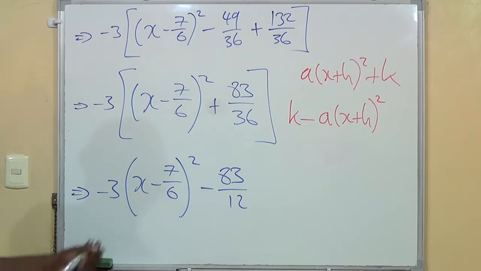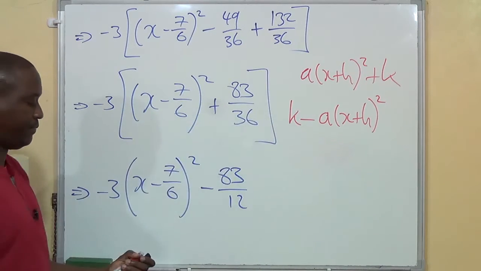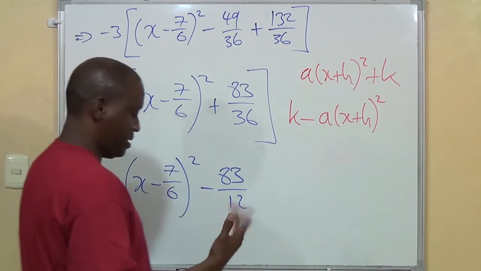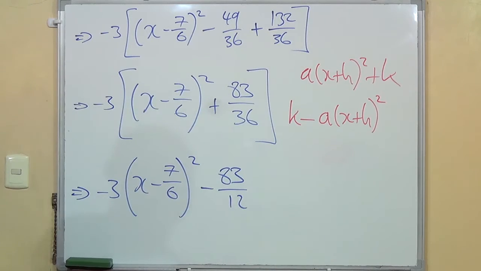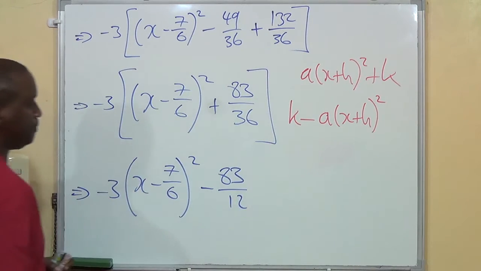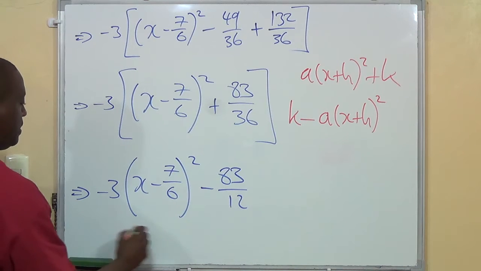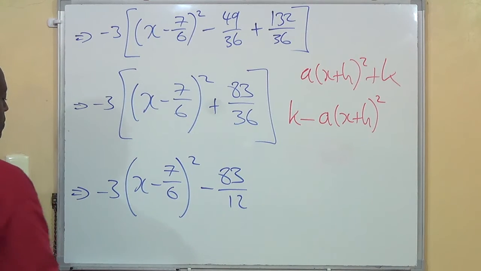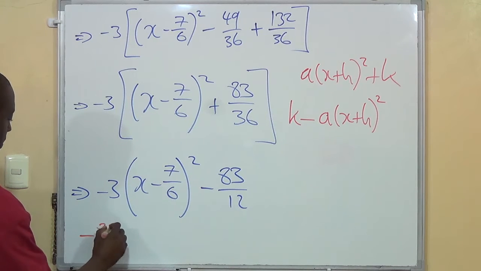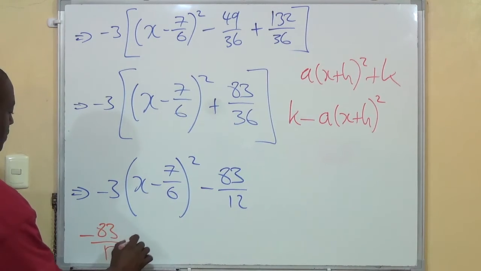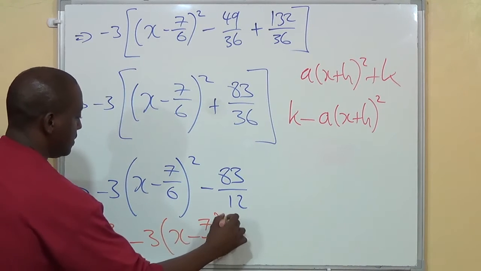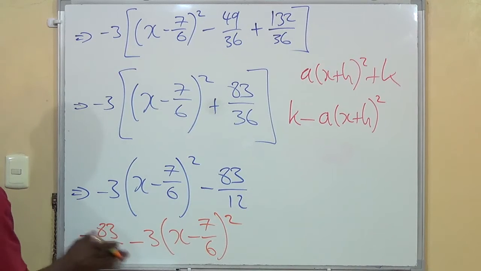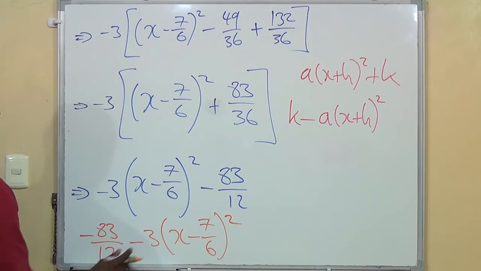So if we have to write this in that form, what we'll end up with would be, let's change up the different colors now, minus 83 over 12 minus 3 into (x minus 7 over 6) squared. Right? That is what we'll end up with if we have to adopt this particular convention here.